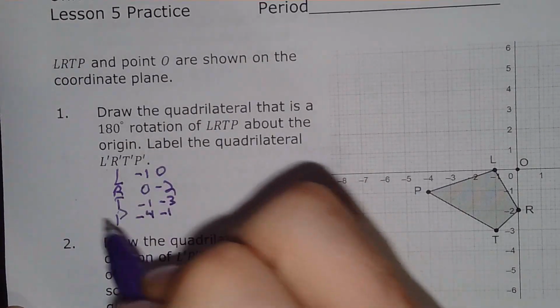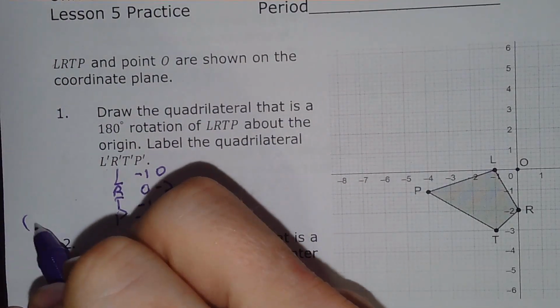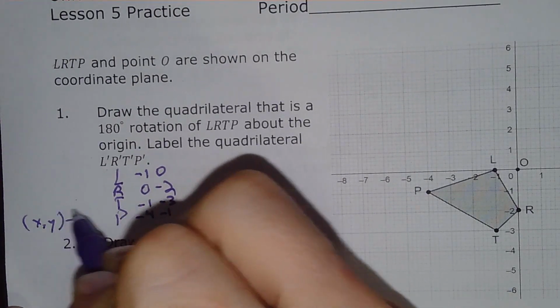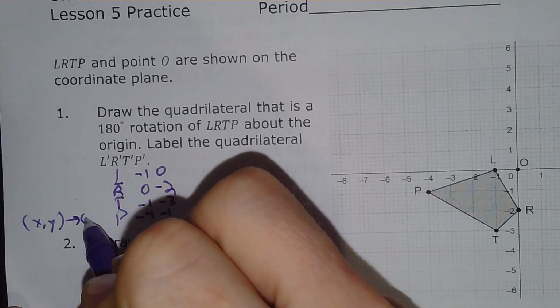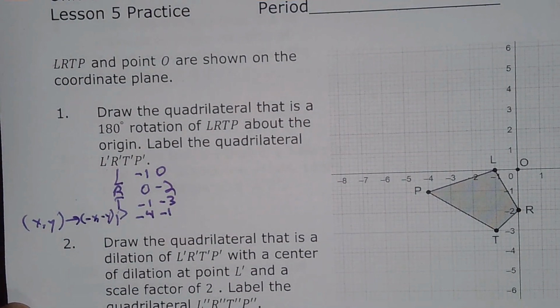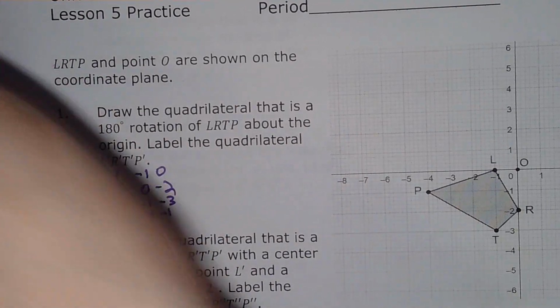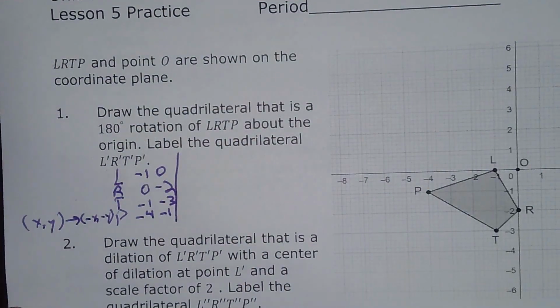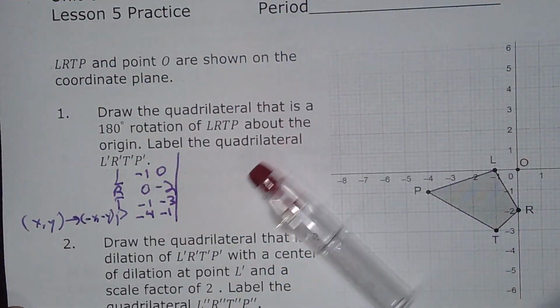My algebraic expression for a 180-degree rotation is x comma y, then -x comma -y, if you recall. So if I'm going to make a new set of xy coordinates, I'll do it with red, I guess.